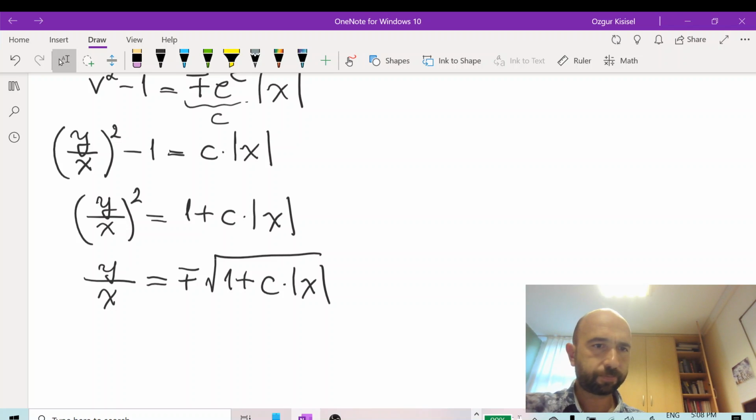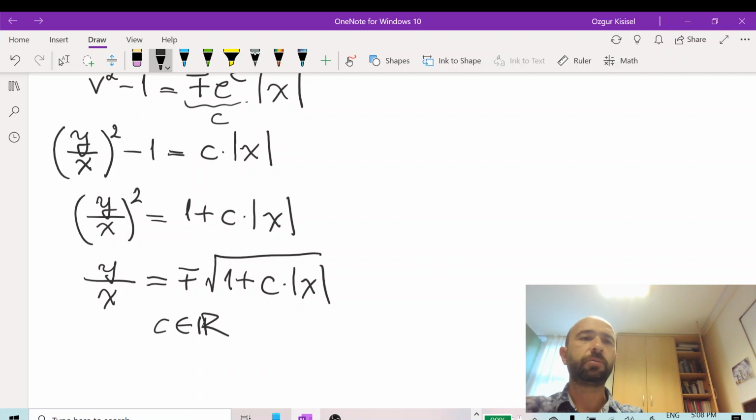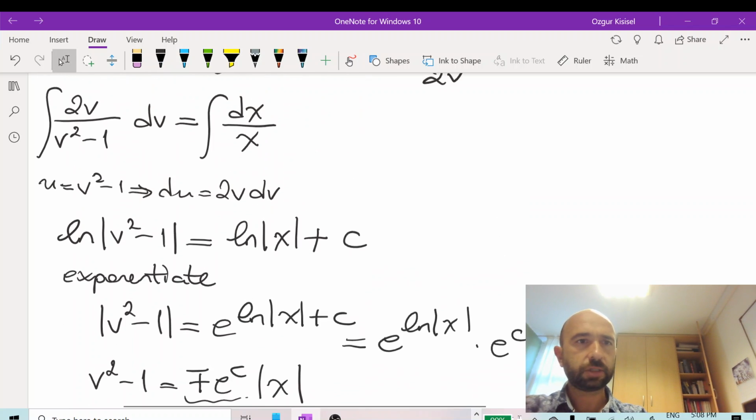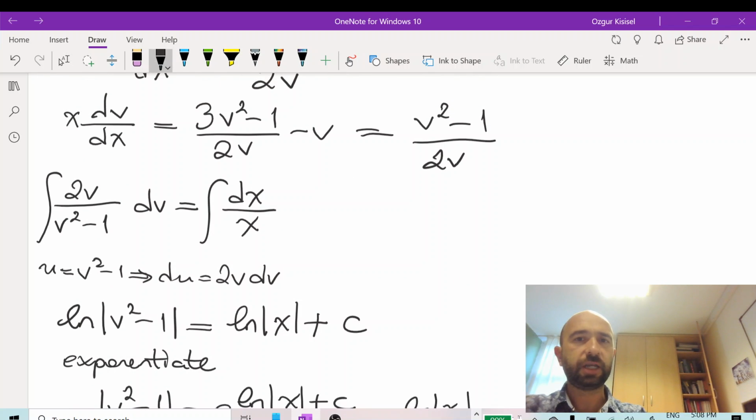This looks fine. So here, c could be any real number. Up here it was an exponential, so you might worry about c equals 0. I think we lost it on the way. Let's scroll back. So at some point in the derivation, I divided by v squared minus 1.